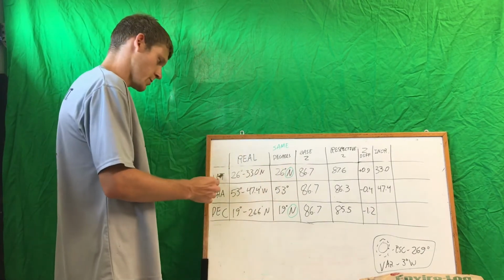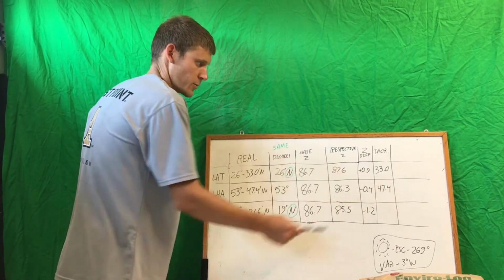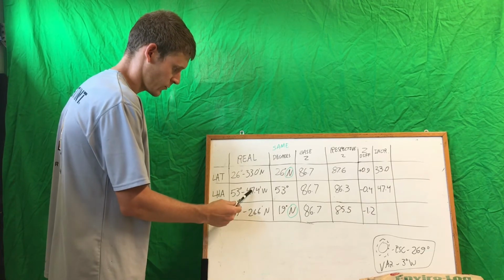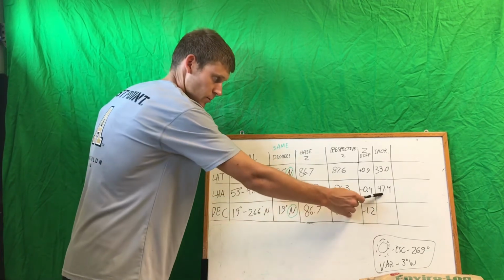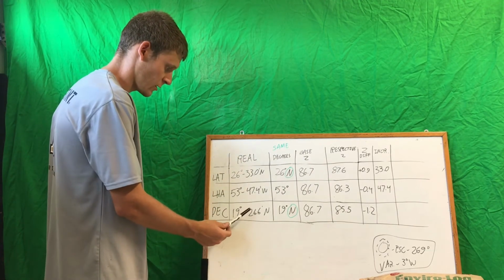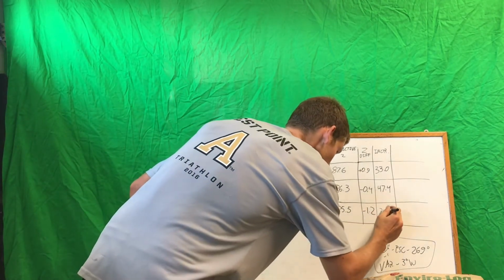So the increment for latitude, 26 degrees, 33 minutes, we just put 33.0 minutes. The increment for LHA, 53 degrees, 47.4 minutes, put 47.4. And then the increment for declination, 19 degrees, 26.6 minutes, just pencil in 26.6.